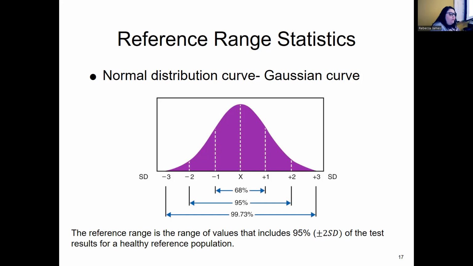So that would fall between plus or minus 1 SD. So this 68% right here is saying that 68% will fall between plus or minus 1 SD. Now it's saying that 95% will fall between plus or minus 2 SD.